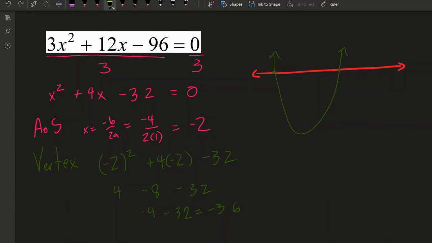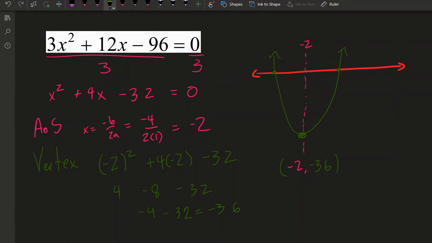These are the two solutions that I'm looking for. I've got an axis of symmetry that passes through it. I know that axis of symmetry is -2. And I know that the vertex is -2 for the axis of symmetry and -36 for the y value.